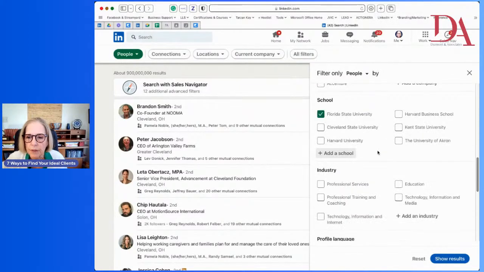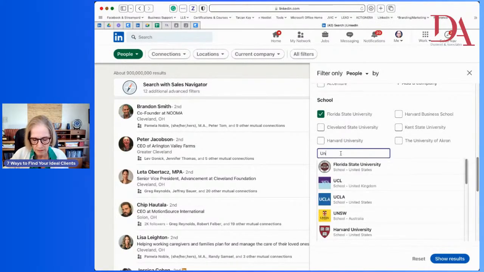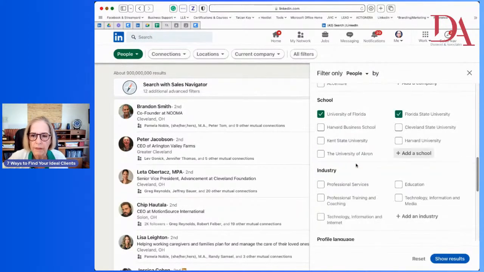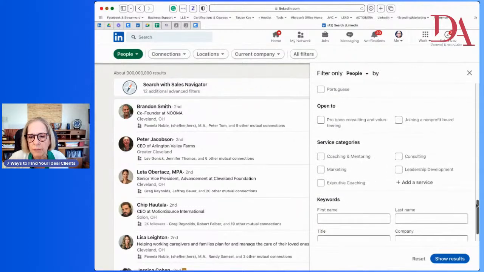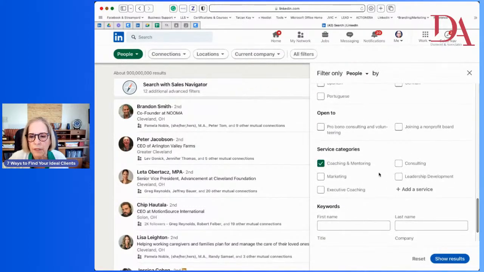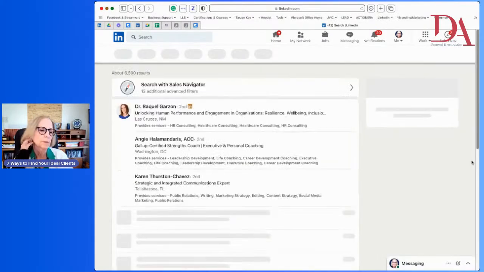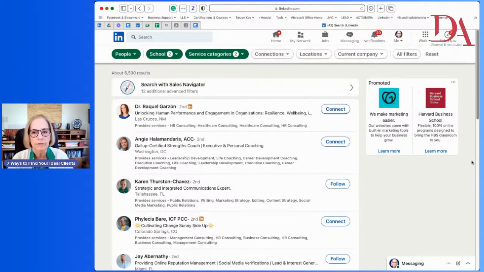So I could add Florida State, and I could add University of Florida. Okay, and I could say, okay, I want to find people who are coaching, mentoring, or doing consulting. Show results. Okay, 6,500 results.